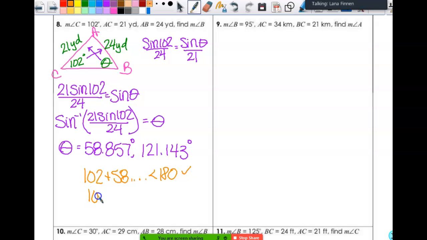If I take 102 and I add it to 121 something, that's way more than 180, so that's a big fat no. So this value doesn't work, and in this case, I only have one angle, by the nature of the triangle. Because how I showed you, you swing that other side in, you can't always swing it depending on what the lengths and whatever are. Okay. Any questions at all?